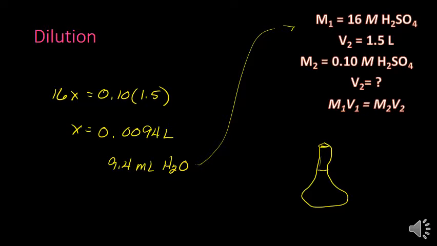You always add acid to water, so I'm going to put the water in. It's a very exothermic reaction, so you want to make sure that you have water. And we're going to assume that this is a 1.5 liter volumetric flask. Then I would add the 9.4 milliliters of acid into the flask. Then I would fill the remainder with water.